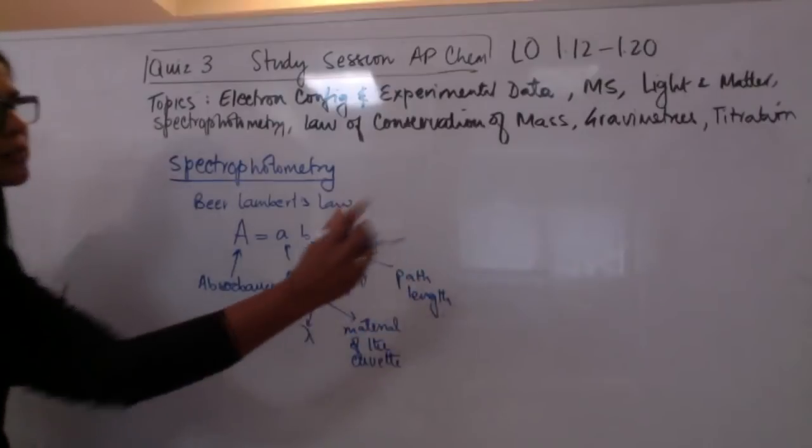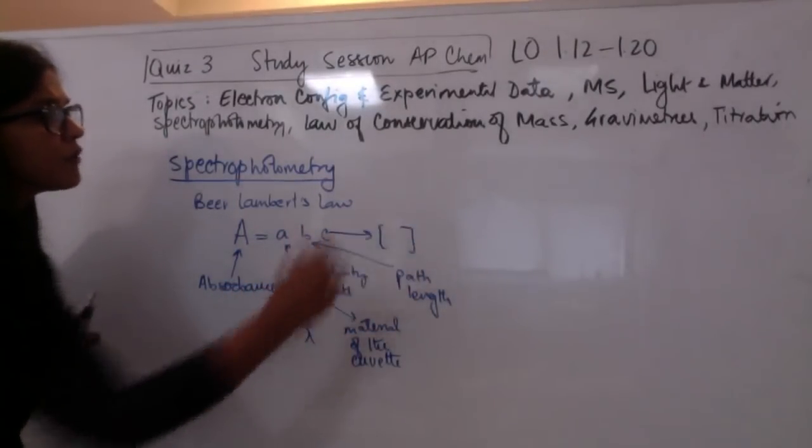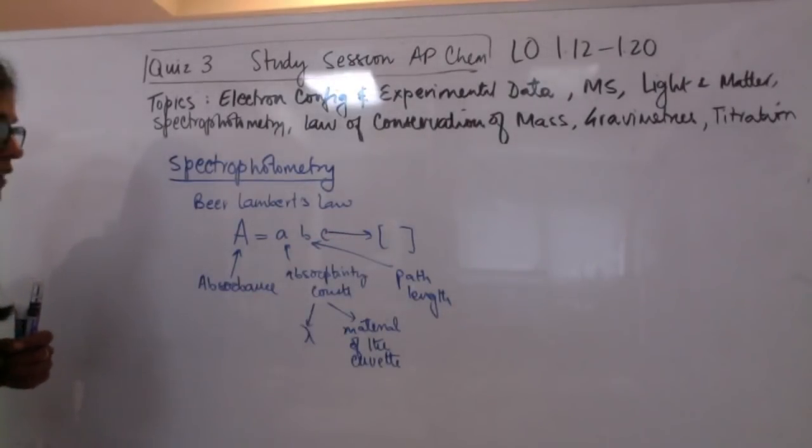What is the width of the cuvette? Generally, it's 1 centimeter. c is the concentration of color absorbing species. Remember, when we took brackets, it means it's the molarity.